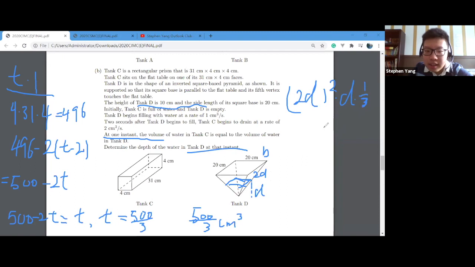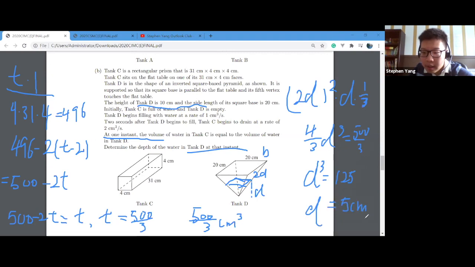And this is 4 over 3 D cubed. At this instant, since there are 500 over 3 centimeter cubed water in there, D cubed is equal to 125, which means D is equal to 5 centimeters.